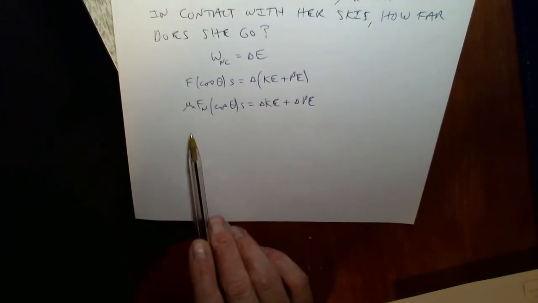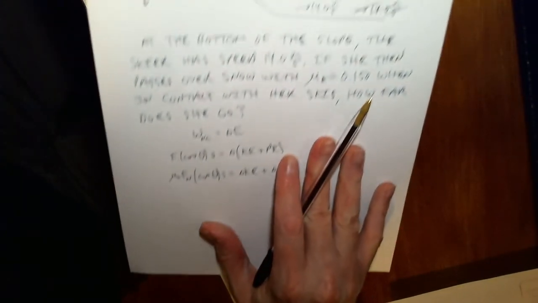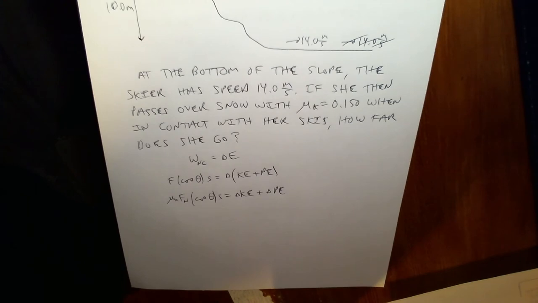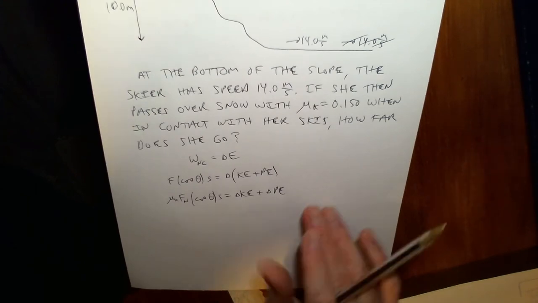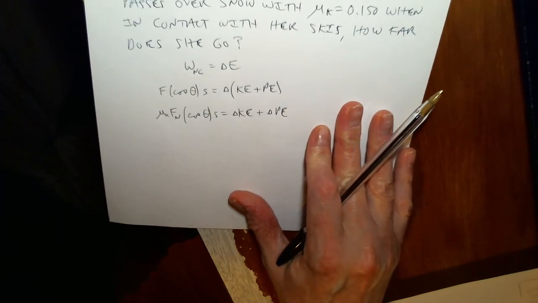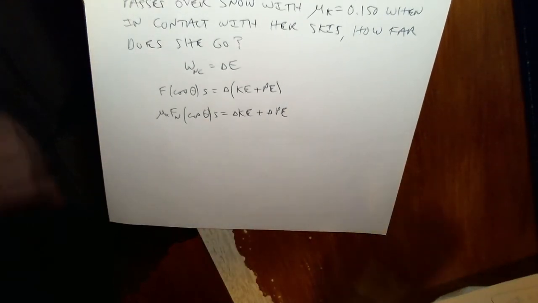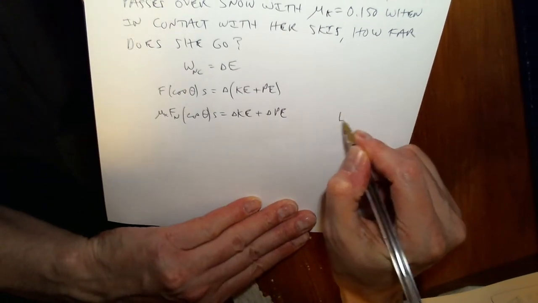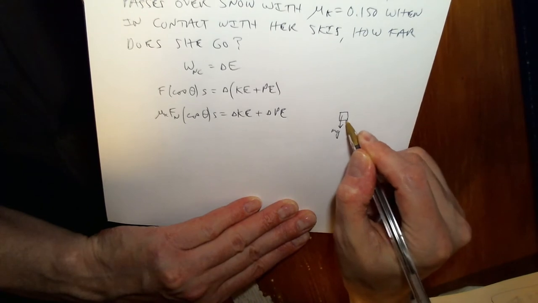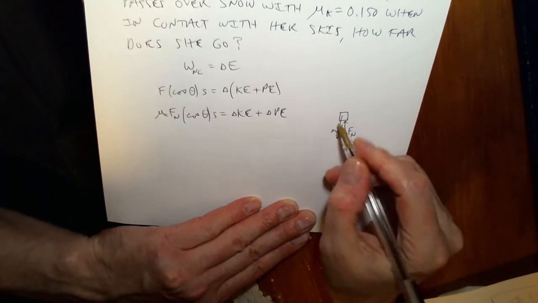And now I need the normal force. It's level ground, so it's going to turn out that the normal force is equal to the weight. But I'm going to draw a free body diagram because it'll also help me focus on the value of the angle theta. So free body diagram, you've got the weight, normal force, and there's a kinetic frictional force.